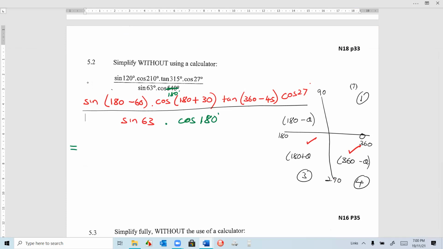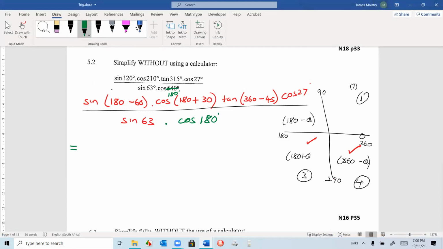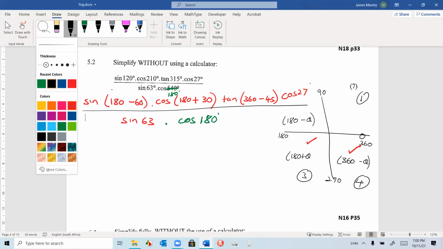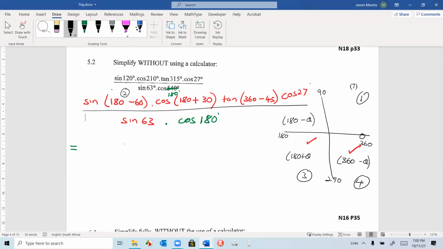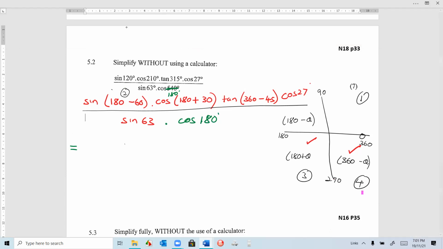From here now starts the application of what we call the reduction formula. If we look at the first one that we have, 180 minus 60, we said that's quadrant 2. In quadrant 2, returning to my CAST diagram, I'm going to write this down very quickly for those of you who missed the opening session.